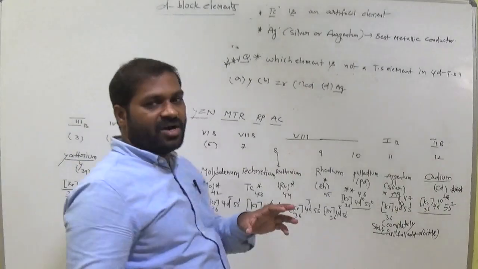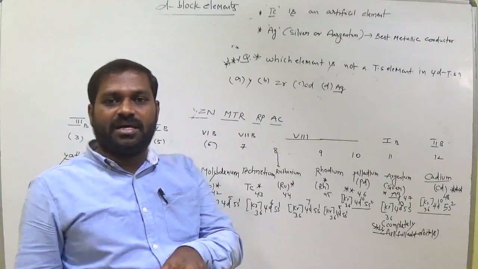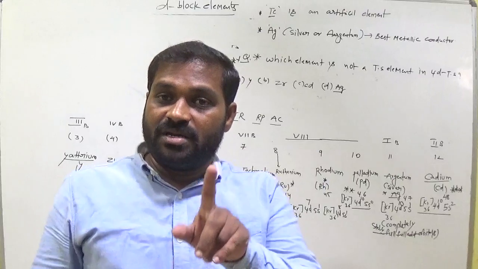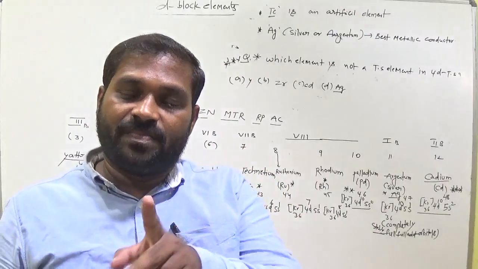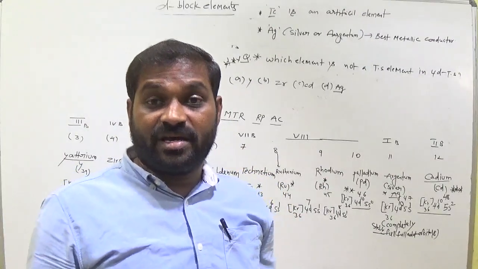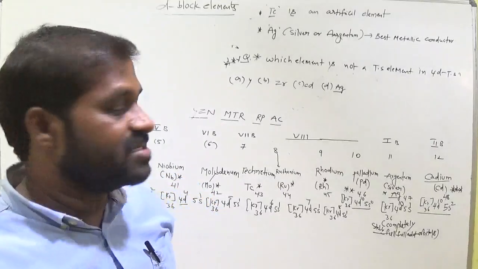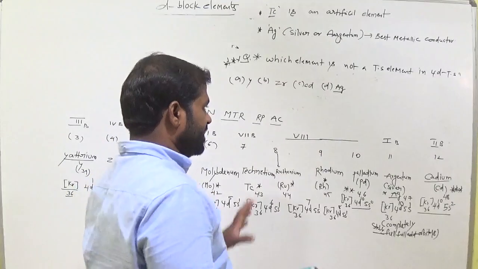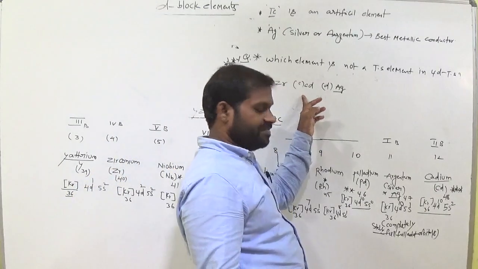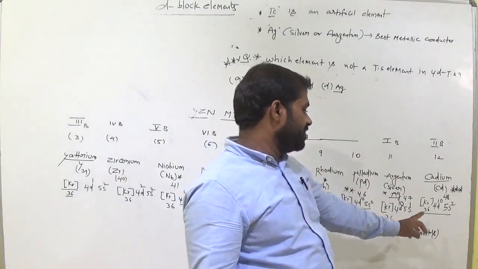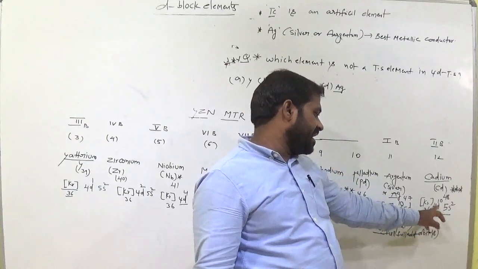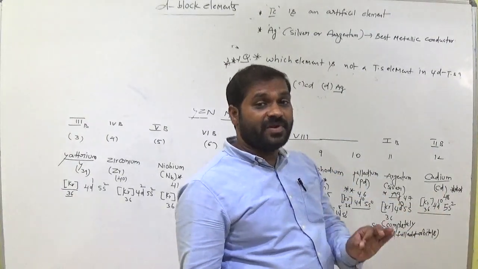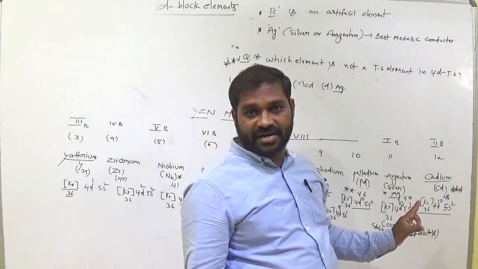Where the d orbital is completely filled in neutral or ion state, then it is not a transition element. If you observe cadmium, two s electrons are there, and the d orbitals are completely filled, 5d10, am I right?